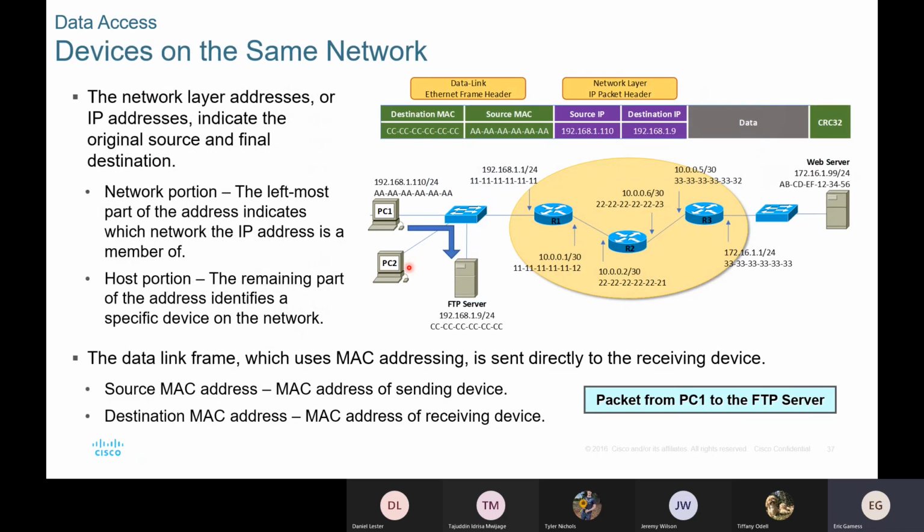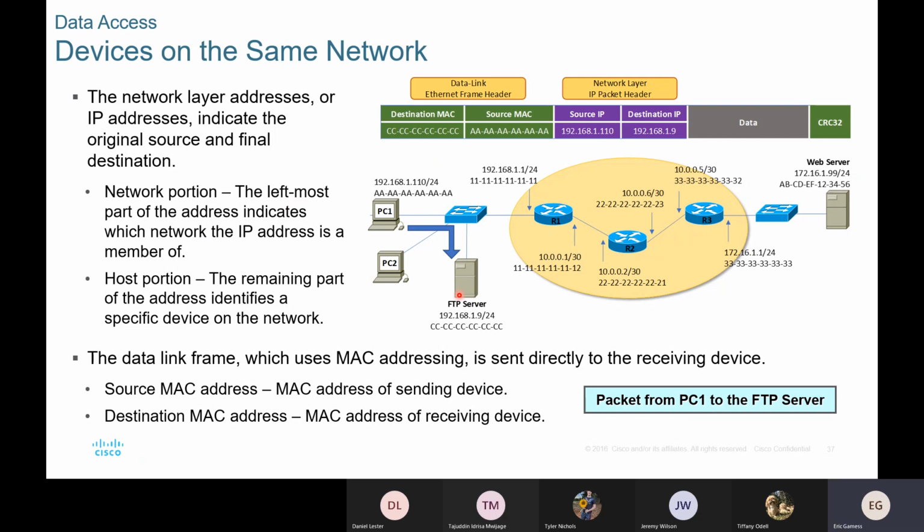Okay, let's say that we have this internetwork and PC1 wants to send a packet to the FTP server. So PC1 will look first at its routing table. And its routing table is going to say, the FTP server is in the same network where I am.